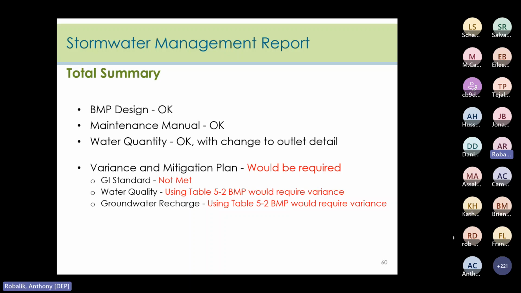It would have been okay. But under the current rule, they would need a variance from N.J.A.C. 7:8-5.3, which is the GI standard, in order to use a large-scale infiltration basin to meet the stormwater runoff quality and groundwater recharge standards. Also, the stormwater management measure location and description will need to be recorded on a deed notice.